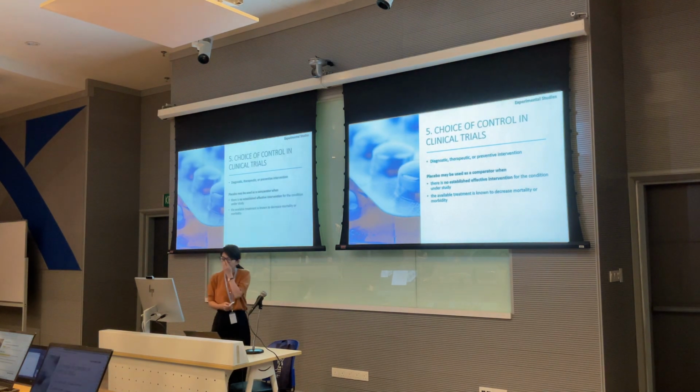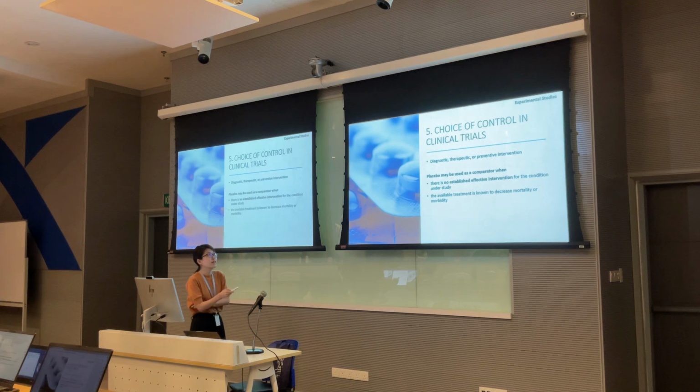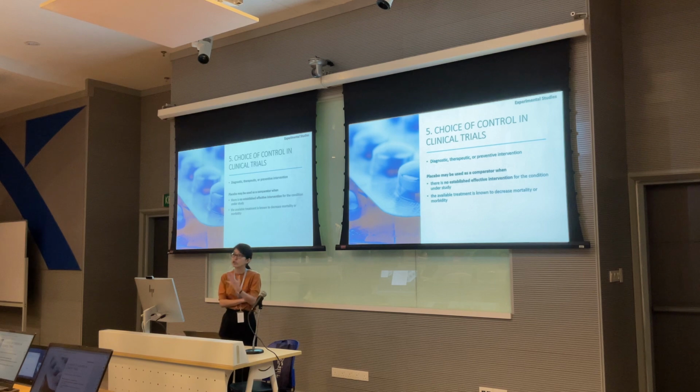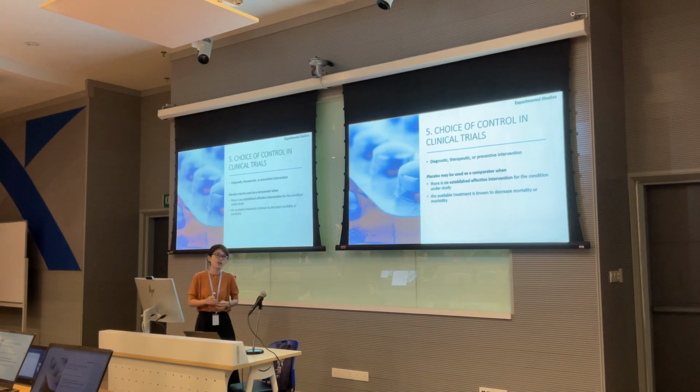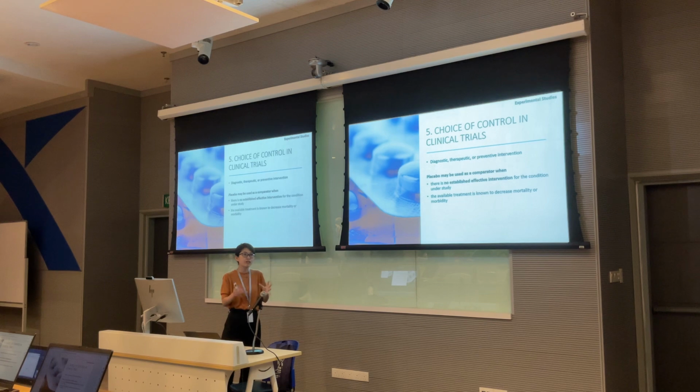So next one, in an experimental study, in a clinical trial, let's say, we will always need some control. The negative control placebo is not allowed if you perform a high risk experiment. But in a low risk experiment or low risk study, you need the control, right?